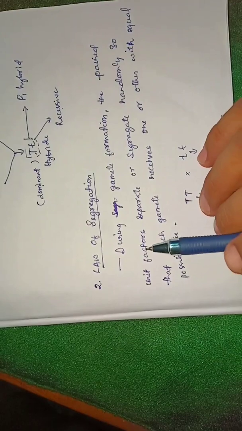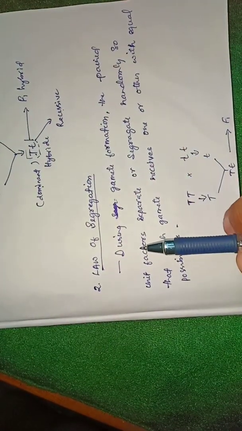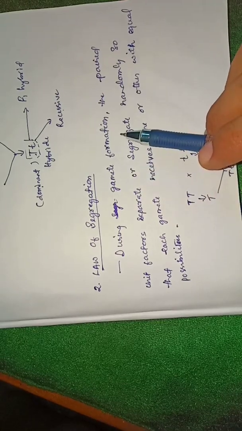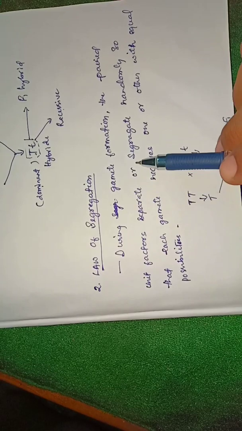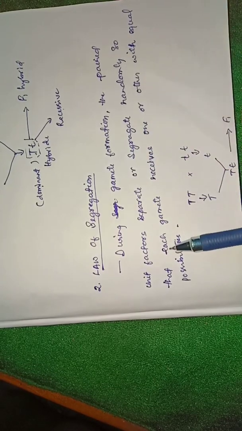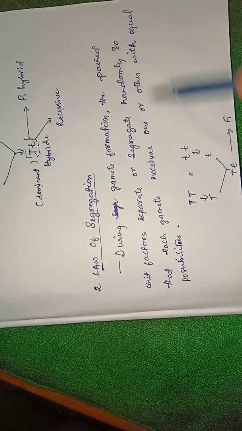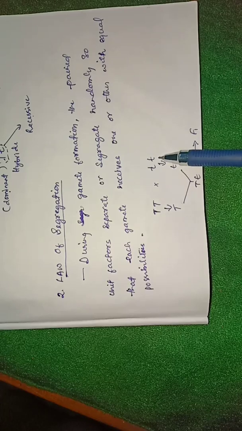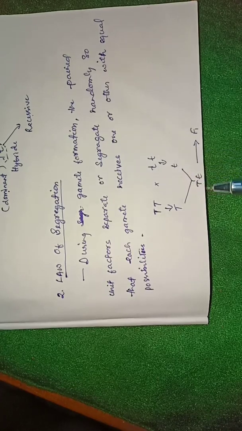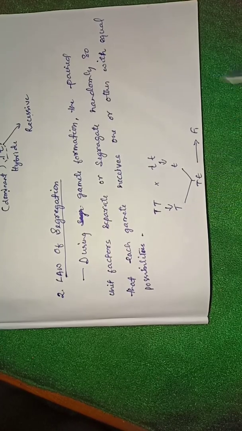The second law is the law of segregation. According to this law, during gamete formation, the paired unit factors or genes separate or segregate randomly so that each gamete receives one or the other with equal possibilities. Now Mendel considered tall and dwarf pea plants, and the offspring was heterozygous tall, carrying both tall and short traits.